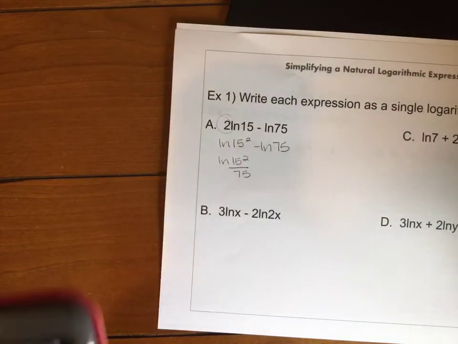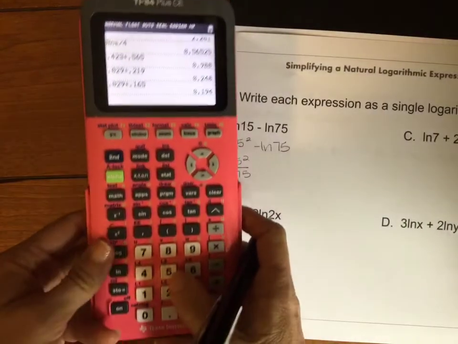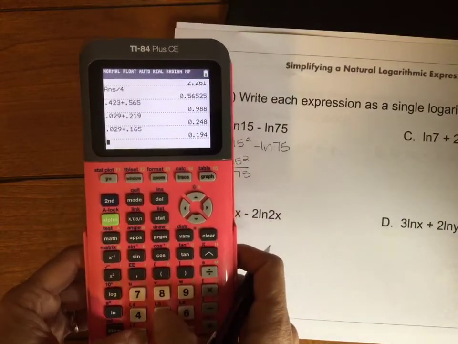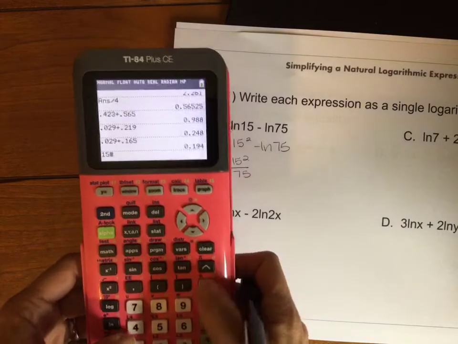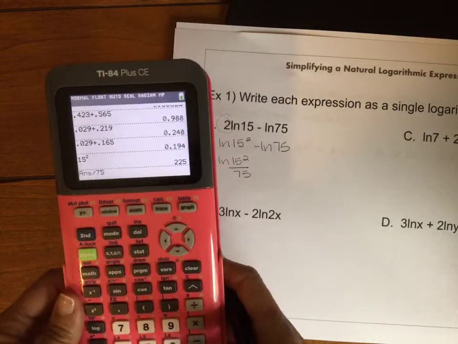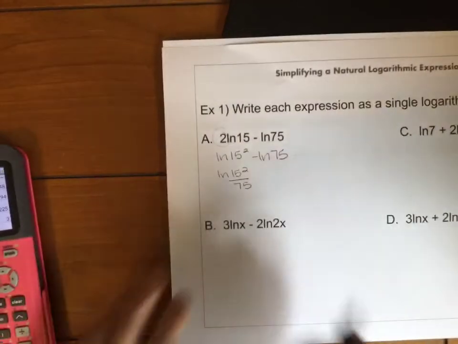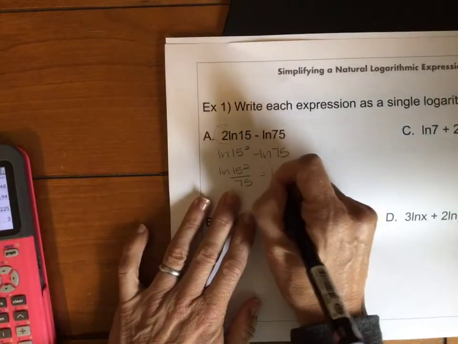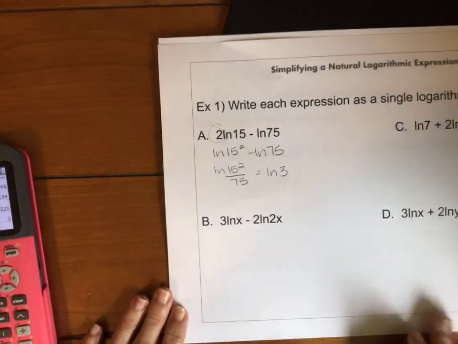But those are both numbers, so I can simplify those. So if you can, simplify, do. So 15 squared, all of that divided by 75 is 3. So this simplifies to just be the natural log of 3.